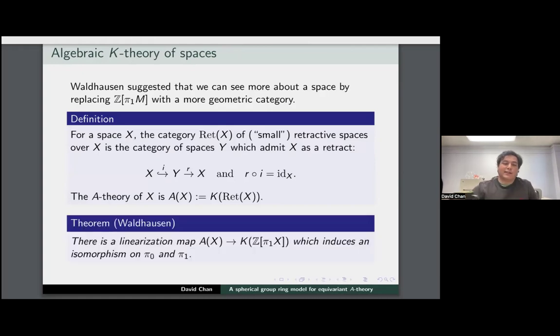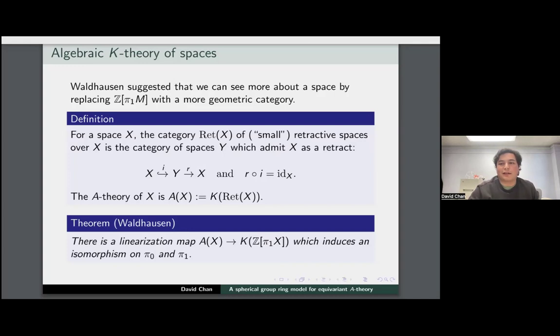And there's this theorem due to Waldhausen, which says that there's this map from A theory of X to the K theory of Z pi 1, which induces an isomorphism on pi 0 and pi 1. In particular, A theory of X is a bit more manifestly geometric as an input into a K theory machine.